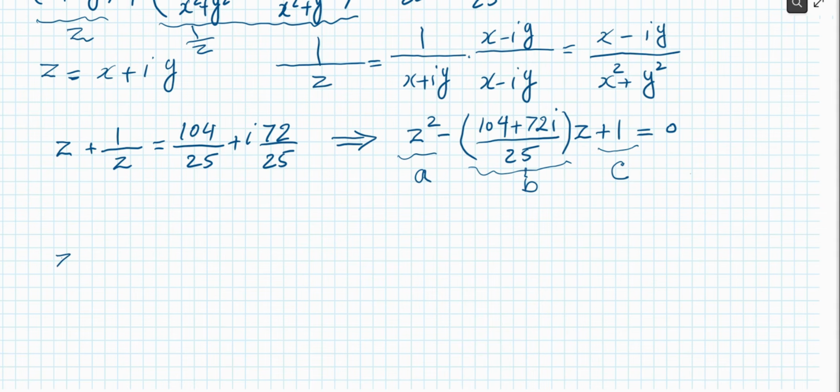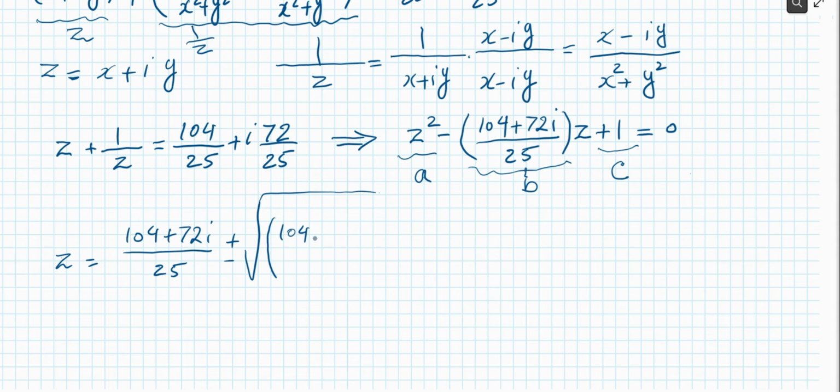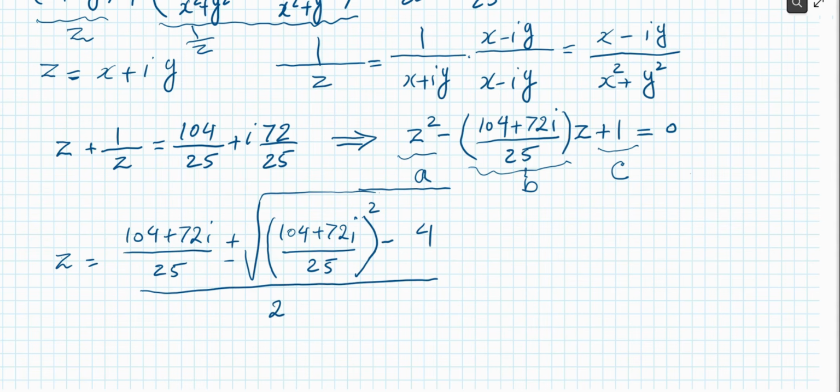So z would be equal to minus b, which is minus and minus is plus, so 104 plus 72i over 25, plus or minus the square root of b squared, (104 plus 72i over 25) squared, minus 4ac, divided by 2.